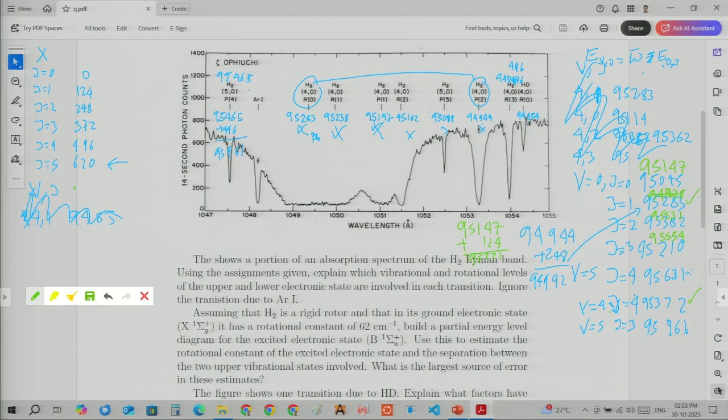Yeah, that's probably within the area of our uncertainty. That's the same answer. So the alternative answer is 95271 here. So you can see they were probably good to about 10 wave numbers. But after all, you've only got 4 figures down here. We've got 5 figures up here. So that probably is consistent.